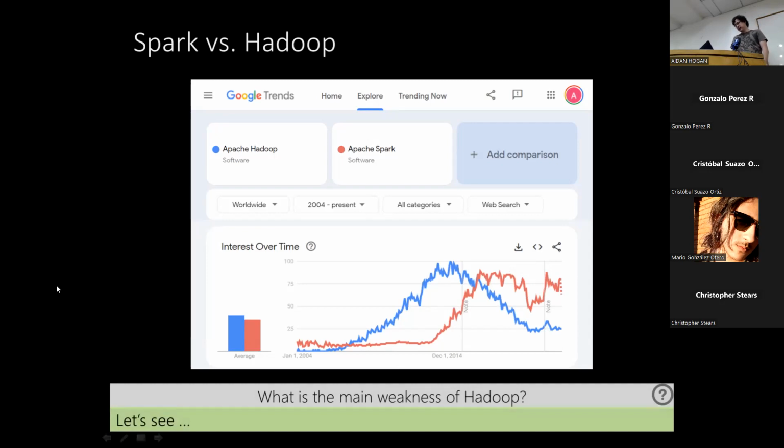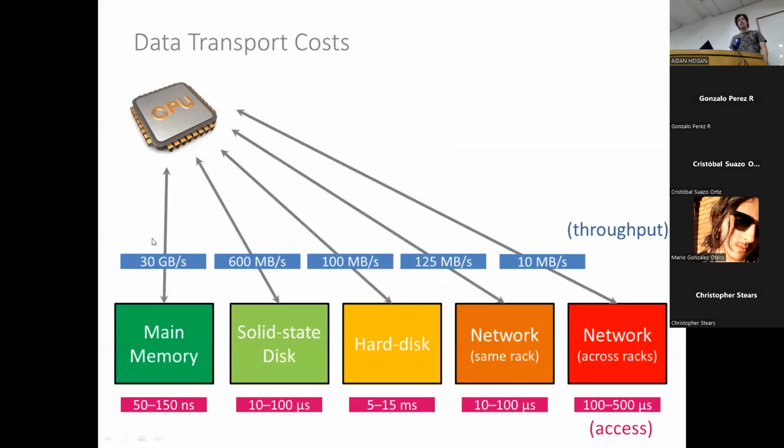So one of the main issues that we spoke about at the start of the course is this idea of transport costs. So how long it takes data to get from different locations where it might be stored. And here we have some referential values for the throughput, how much data we can transfer in a certain period of time, and the access or the latency, how long it takes to seek a certain piece of data from a particular location.